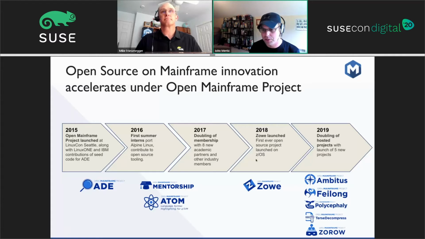The Ambitus project focuses on porting general open source to the mainframe. Feilong, which Mike Friesenegger will touch on in a moment, and a number of other efforts. Very mainframe-specific open source, but really critical to help bring this community together to drive forward.